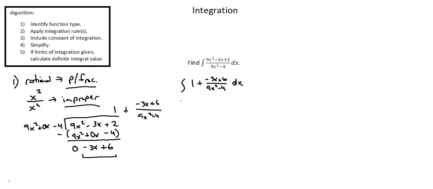I can factor the denominator of the second term, so I will have the integral of 1 plus negative 3x plus 6 over 3x plus 2 times 3x minus 2 with respect to x. And now I'll be able to work with the partial fractions method.